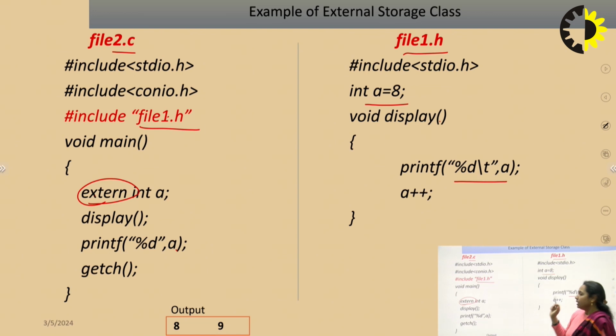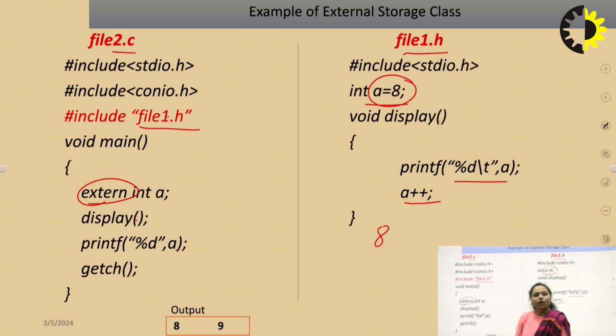Within display, it is written printf a. So what is the value of a now? The value of a is 8, so it will print 8. After that, a plus plus. The value of a has been incremented by 1, that is 9.